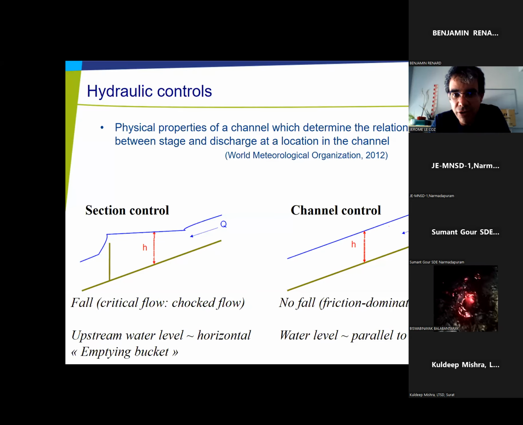And this kind of flow is dominated by the friction of the channel, which means that the stage discharge relation is now determined by the geometry, the shape and size, and the roughness of the channel upstream and downstream of the measuring point, which is a very important point to keep in mind.